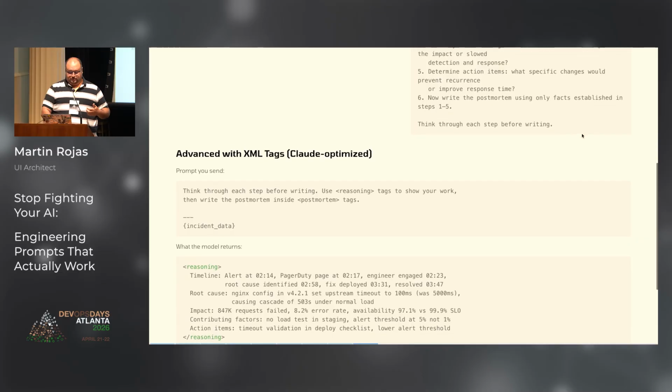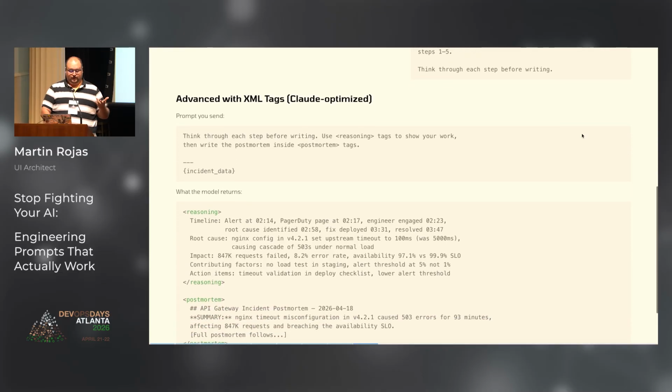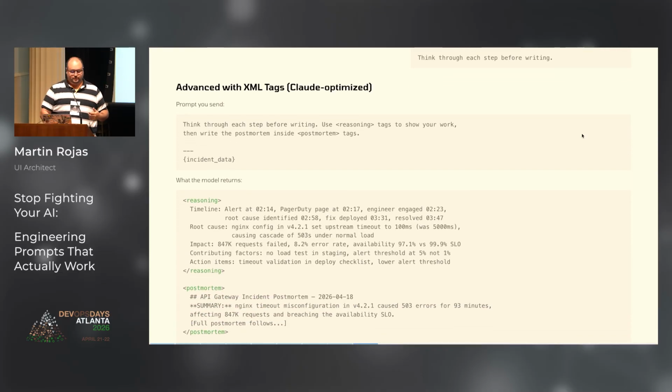Now, a little trick: if you're wanting to understand how it did things or how it came to its answer, it's changed a little from Claude 4.6 to 4.7, but Claude does well if you mark things out with XML tags, right? If you're telling it this is a little context or this is some incident data, just put some XML tags around it, and it helps it parse the information.